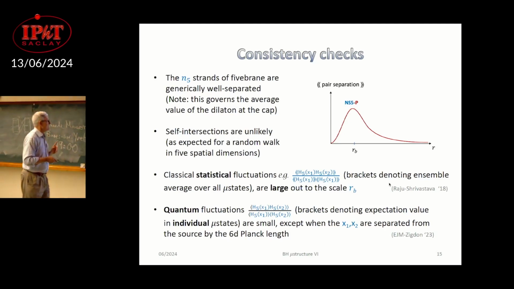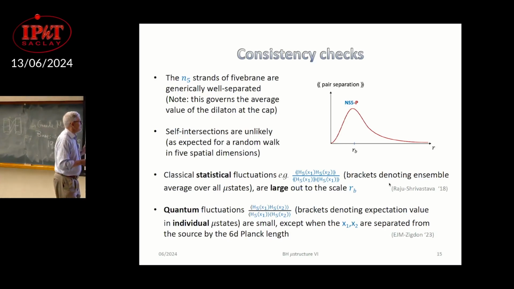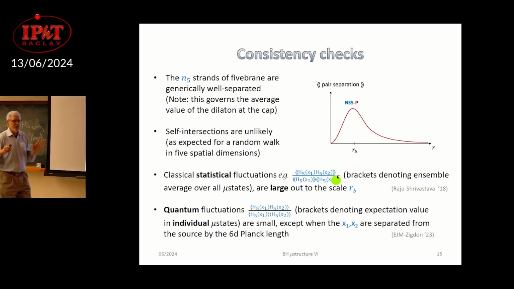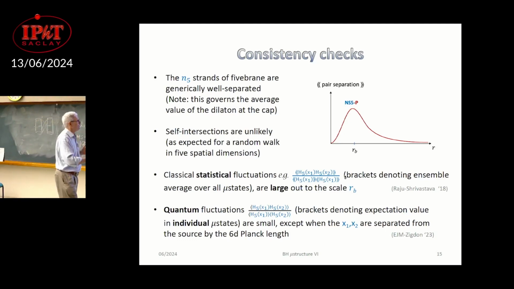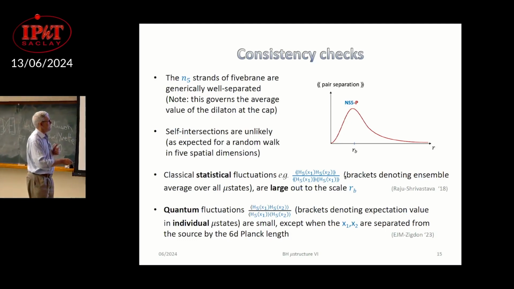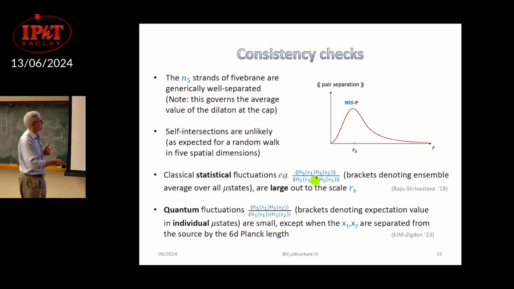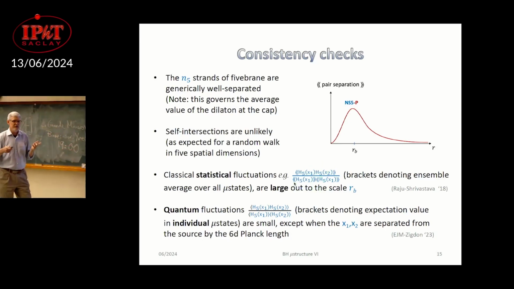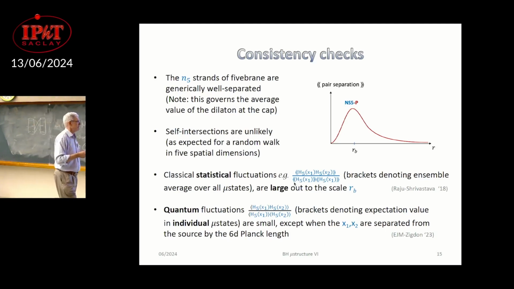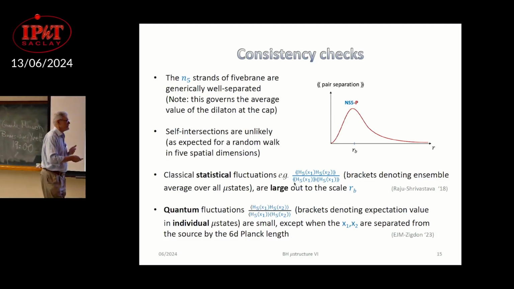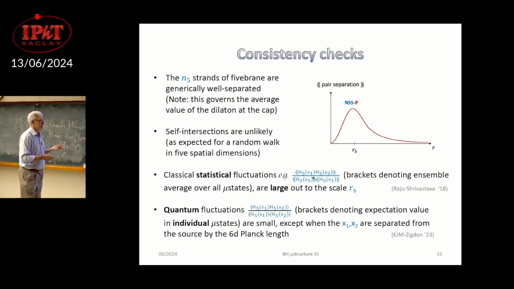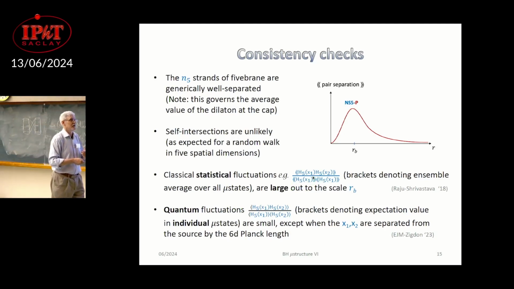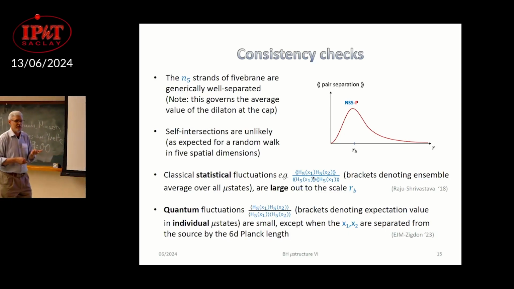And so you have to be careful, because you're making an ensemble average in the maximally mixed state, as to whether, if you compute some quantity like, say, the square of the five-brane harmonic function divided by its expectation squared as some measure of fluctuations, you should ask yourself, are the fluctuations you're observing when you do that statistical fluctuations of the ensemble, or some indication that the object you're looking at is highly quantum?